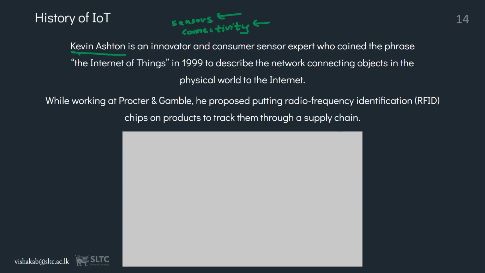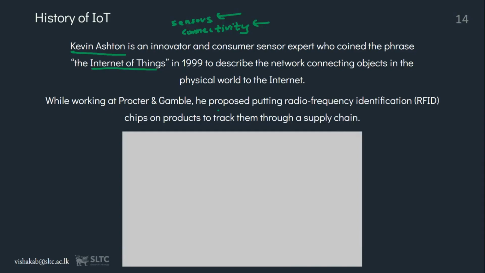Kevin Ashton is the person who named these kinds of networks as IoT networks, Internet of Things. He was the one who coined the term Internet of Things. He also developed some IoT networks in different places.